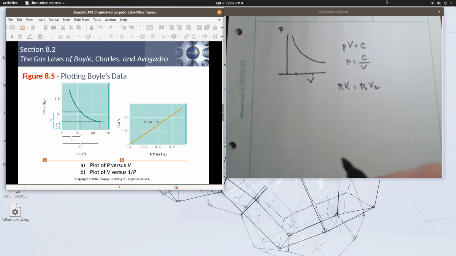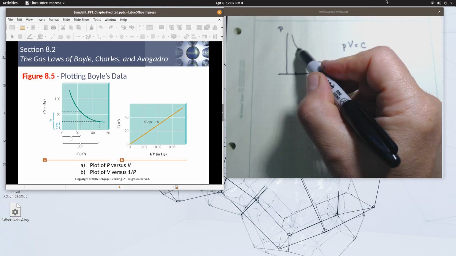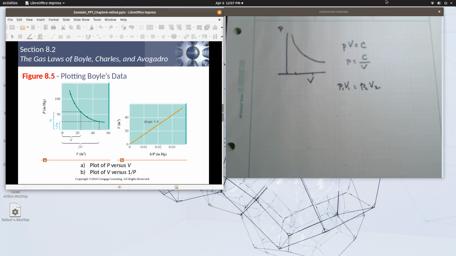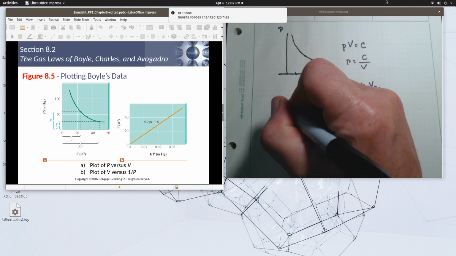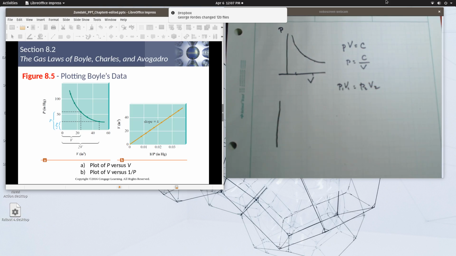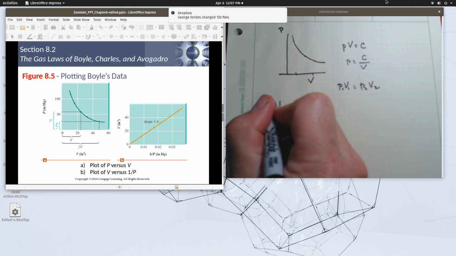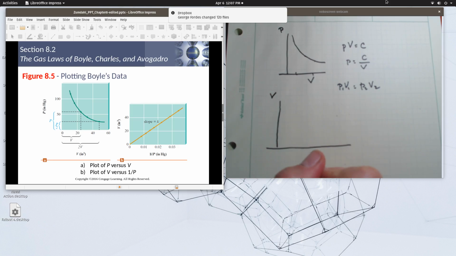Now, you can get experimental data, which is shown, for example, on the PowerPoint over here. A better way of doing this experimentally is to make a plot in the following way. We can plot volume versus 1 over the pressure, or vice versa. It doesn't matter.